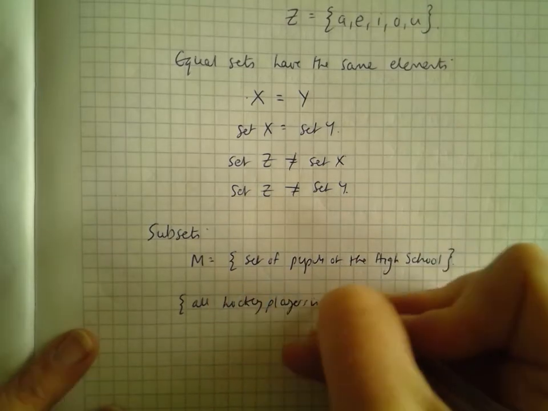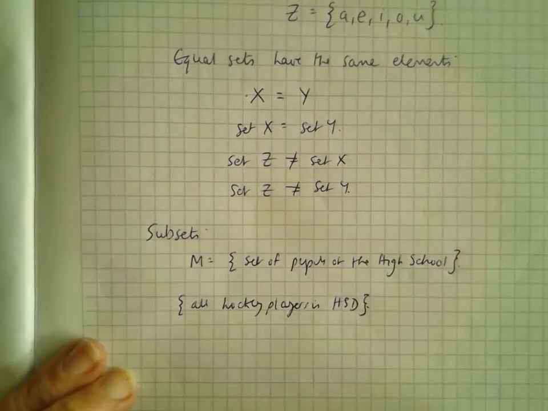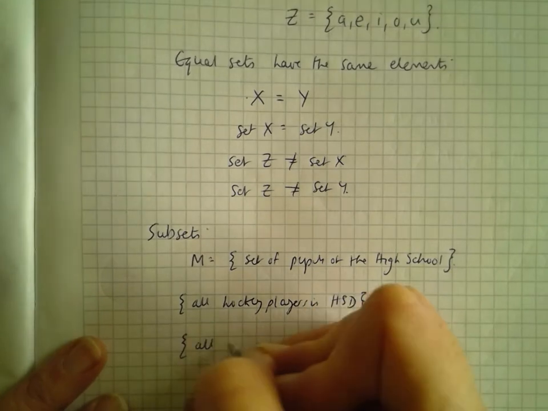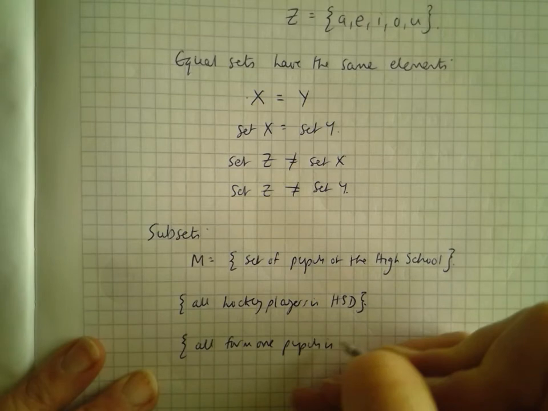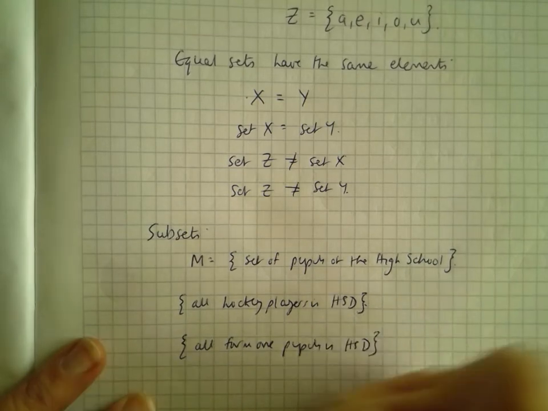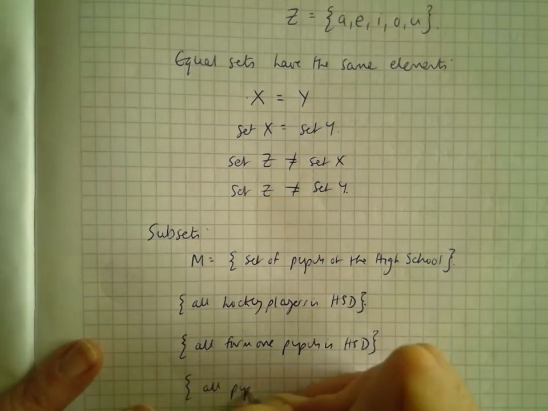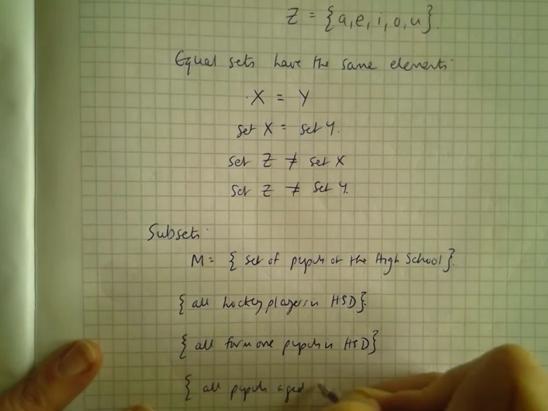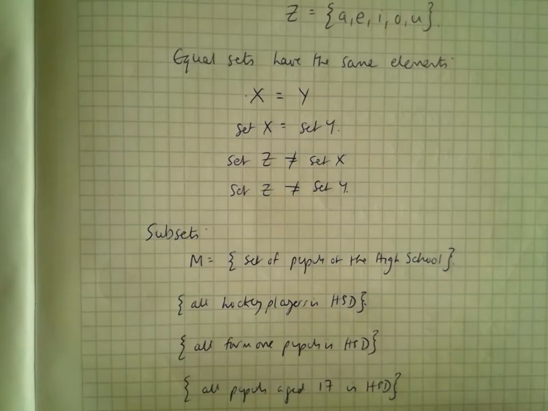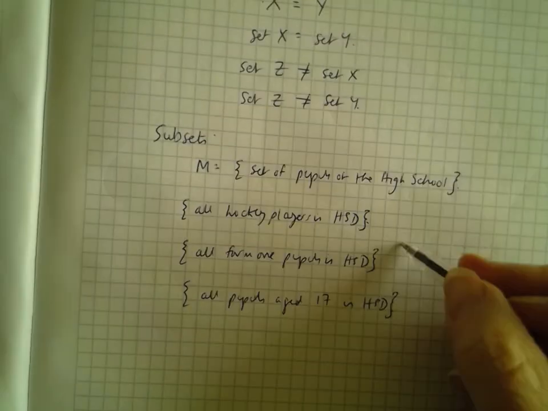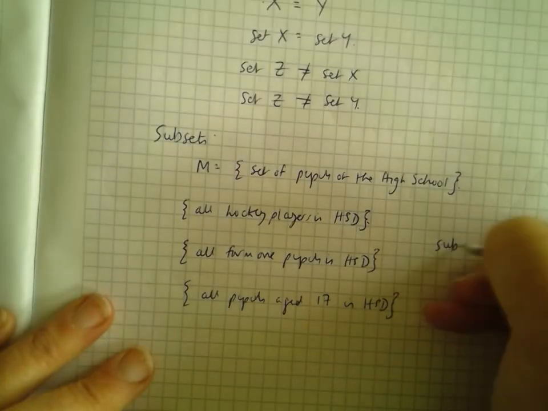You might have the set of all Form 1 pupils in the high school. You might have the set of all pupils aged 17 in high school. Okay? Each of these smaller groups are subsets of set M.